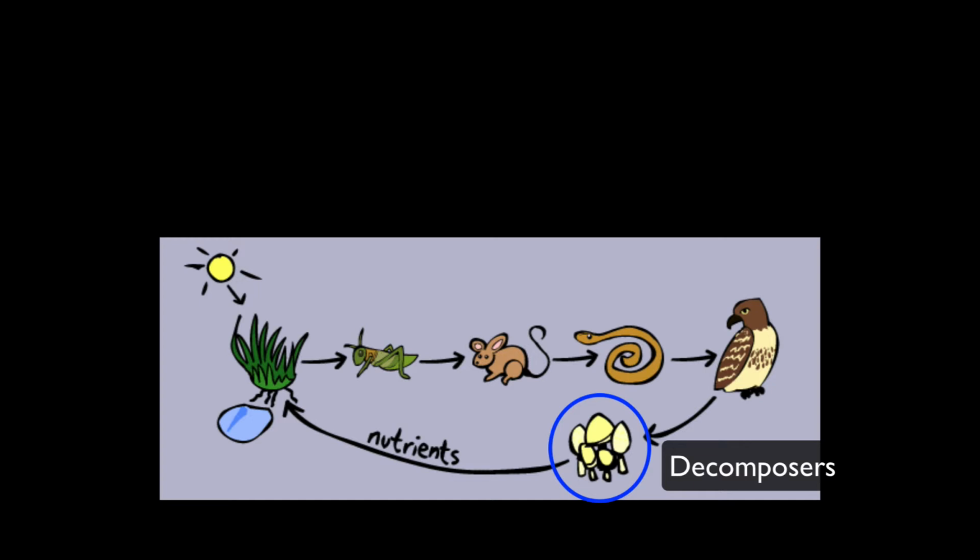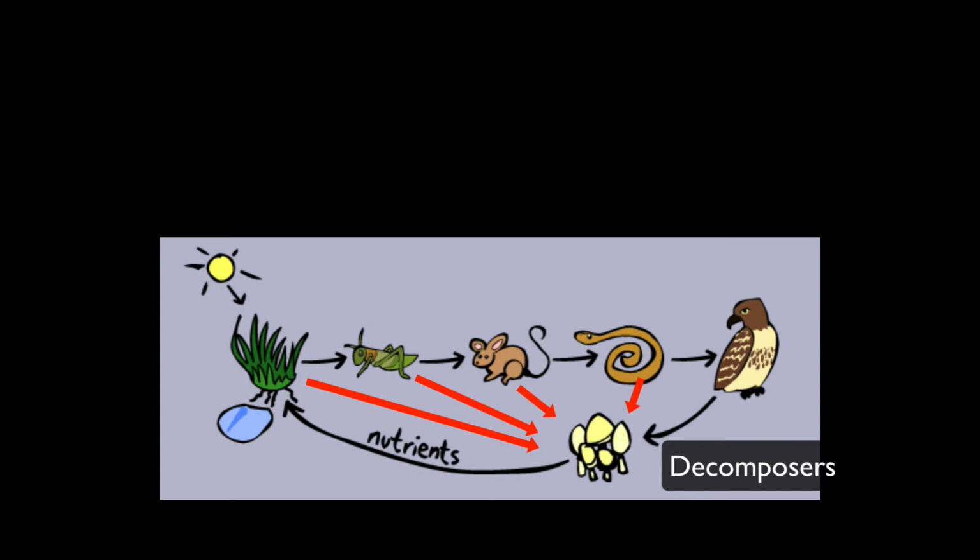Well, the plant doesn't poop, but all of the other animals poop, and they for sure all die eventually. And anything that poops or dies ends up getting decomposed by bacteria or fungus or other types of decomposers. So in reality, you would have probably arrows going from each one of these to the decomposers because they all will die eventually and get decomposed.